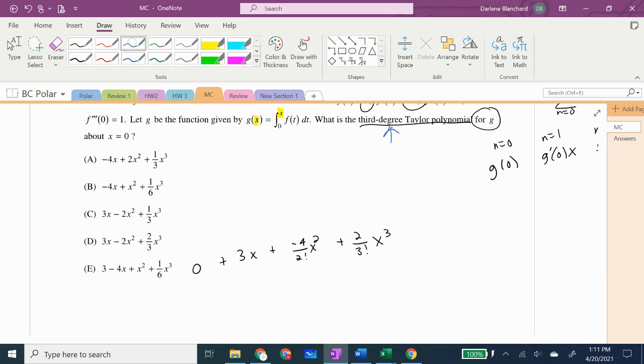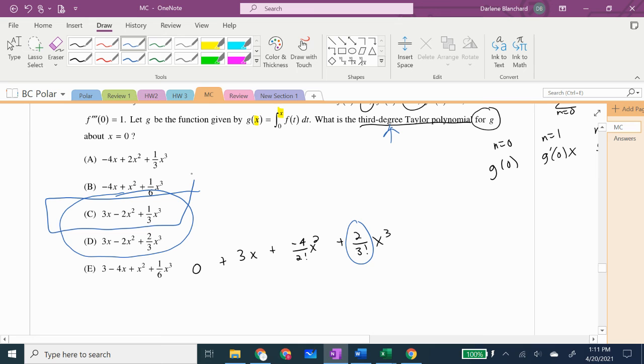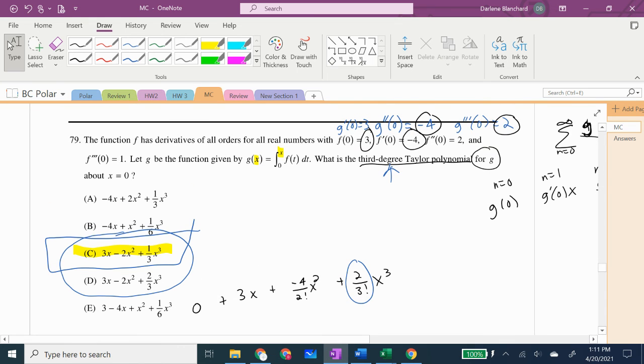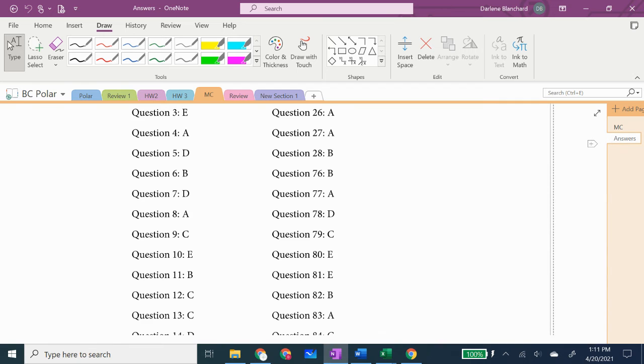Who matches? We've got a 3x that kicks it off. It's between these two. Look a little bit farther, and I'm seeing 2 over 3 factorial is not 2 over 3. It is actually 1/3. C is the correct answer to number 79, double check. C.